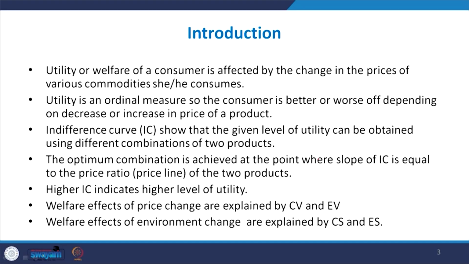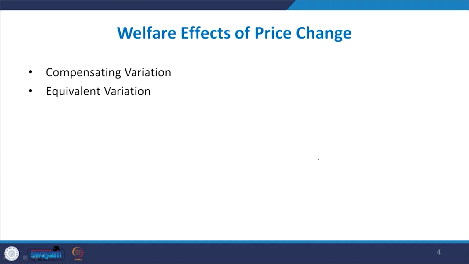A higher indifference curve shows a higher level of satisfaction or utility, and welfare effects of price change can be explained using compensated variation and equivalent variation, and we can also explain the welfare effects of environmental change through compensated surplus and equivalent surplus.